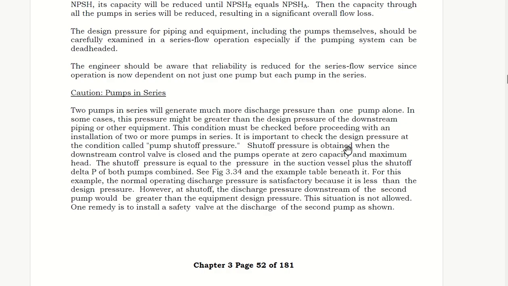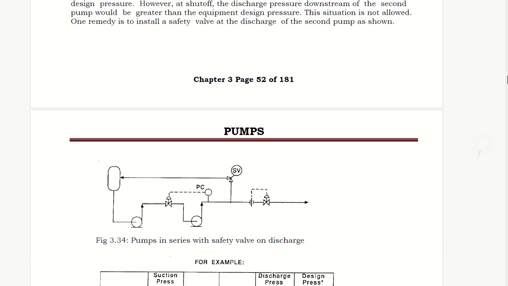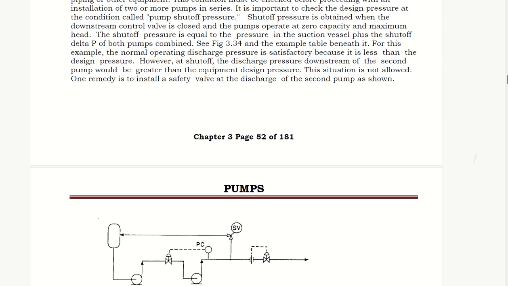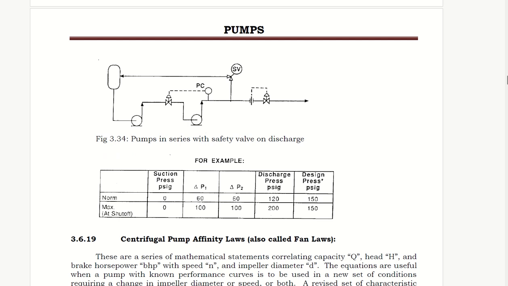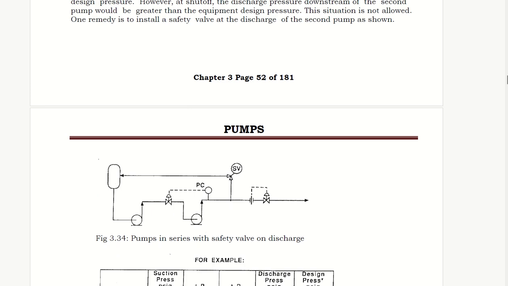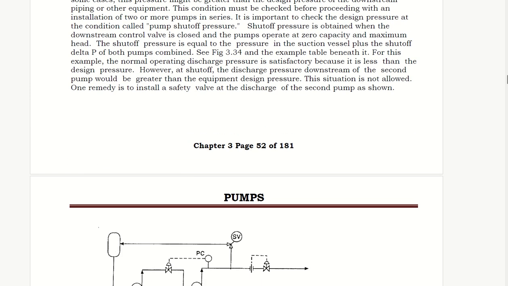The shutoff pressure is obtained when the downstream control valve is closed and the pump operates at zero capacity and maximum head, which means the pump head moves towards the left. So this is very clear: you have to take care that the downstream design pressure is higher than or equal to the pump shutoff pressure.